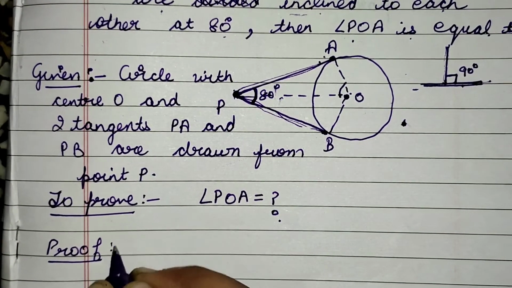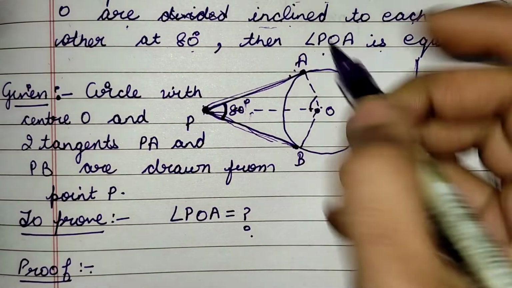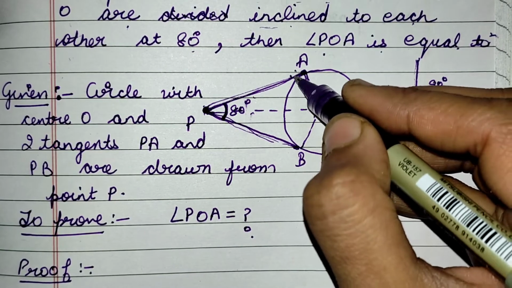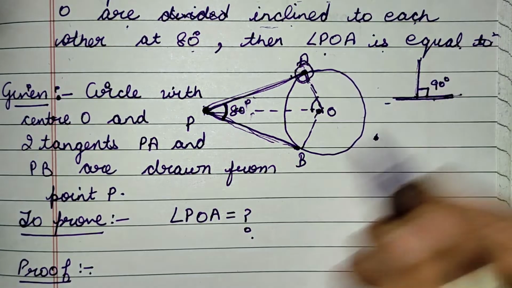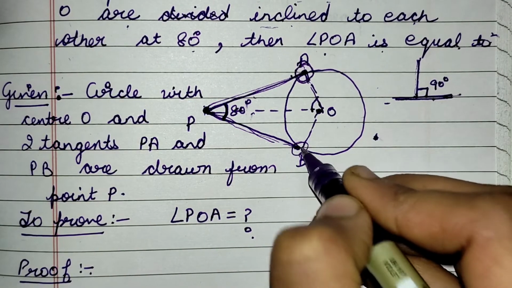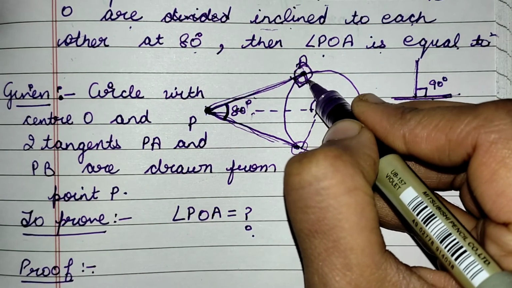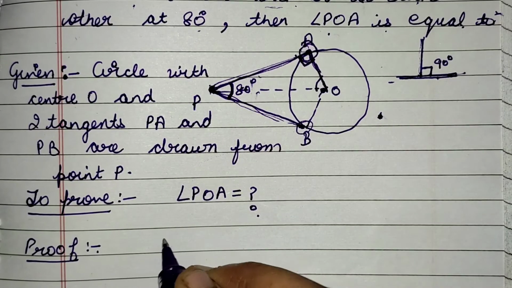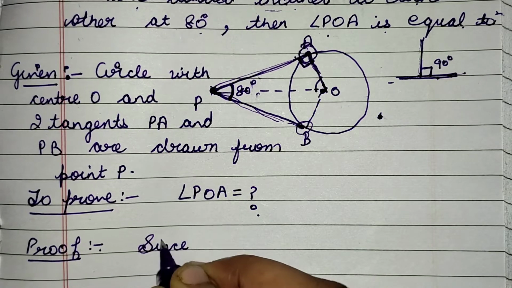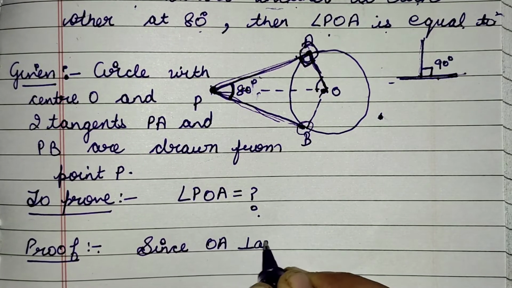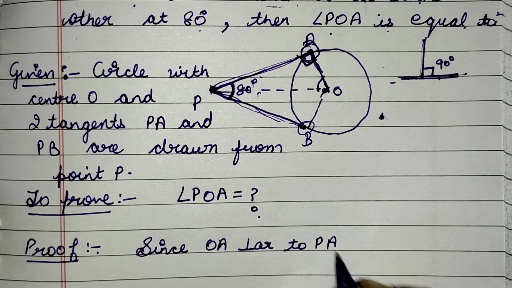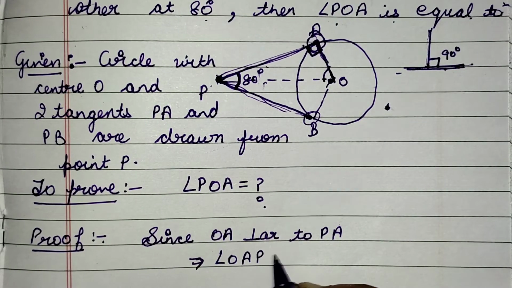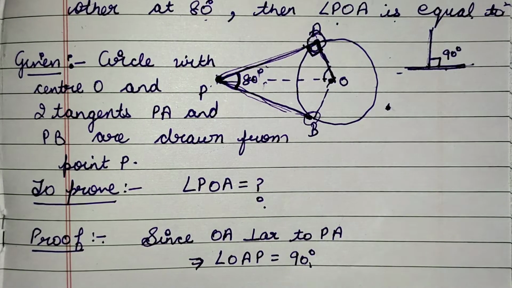According to theorem number 10.1, which says that if any radius is drawn to the tangent at the point of contact, the point of contact is A and B for these tangents. So at the point of contact, this radius is making an angle of 90 degrees. Since OA is perpendicular to PA, that means angle OAP is equal to 90 degrees.